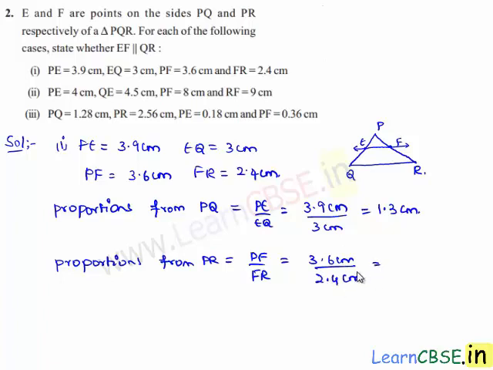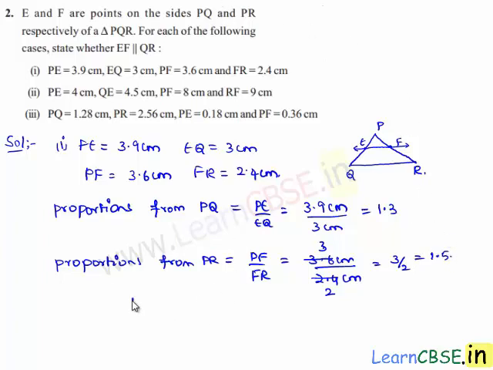Here 1.2 is a common factor, and 2.4 goes in 1.2 two times and 1.2 goes in 3.6 three times. So finally we get it as 3 by 2, which is equal to 1.5. Here centimeter is not there.